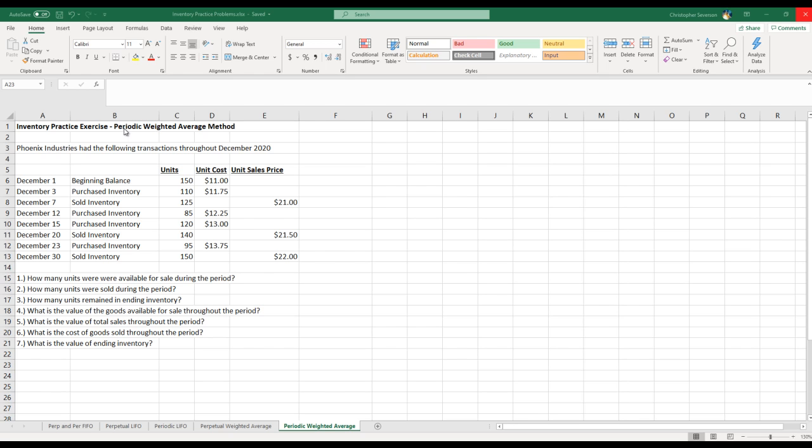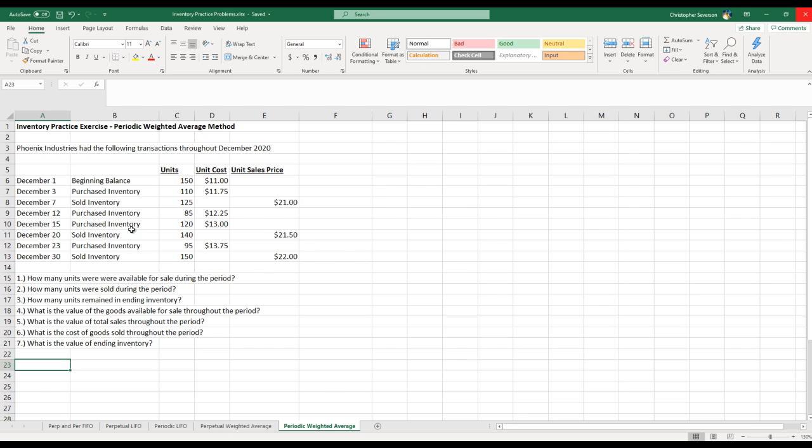Recall that perpetual basically means that every single time you have a sale, you're going to have to do your calculation to determine the cost of goods sold for that individual sale based on the inventory you had up to that point. With the periodic method, however, we only do one calculation at the very end of the period.